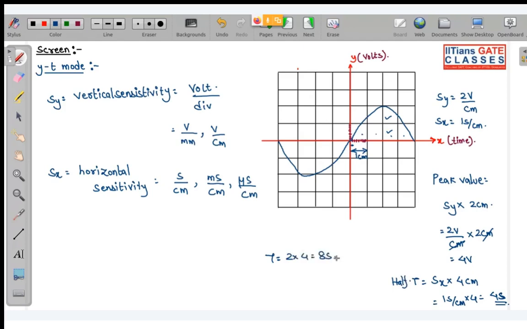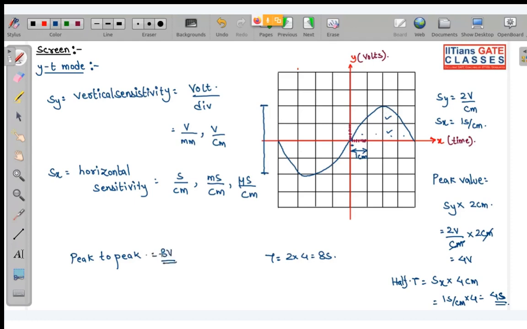That is 8 seconds, and peak value is 4 volt. Now sometimes in the question it is asked for the peak to peak value. Peak to peak value means from here to here. So peak to peak value is 8 volt.